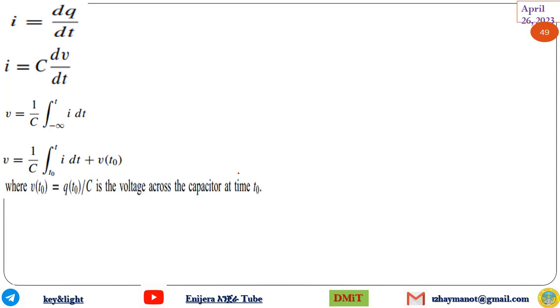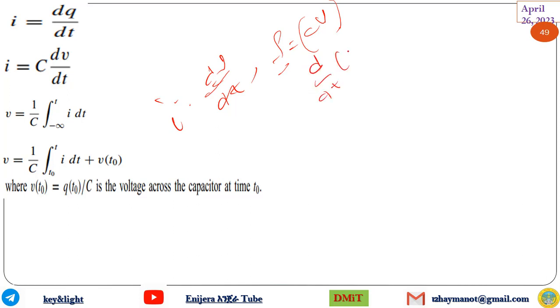Look at this relation. Current is the time rate of charge, and Q is the multiplication of the capacitance times the voltage. I is equal to dq by dt, and Q is equal to CV. Then if we differentiate, d by dt of CV.